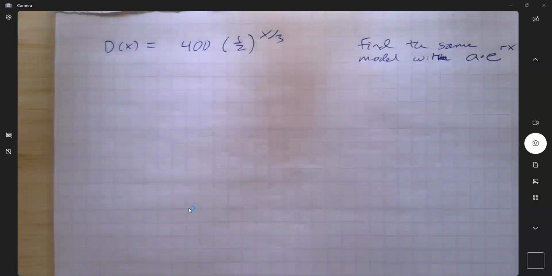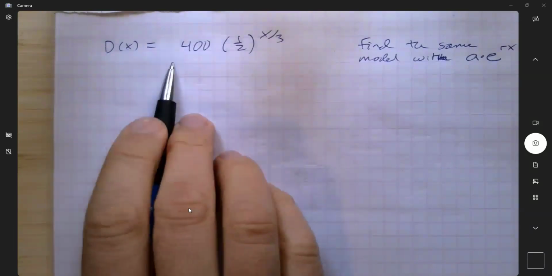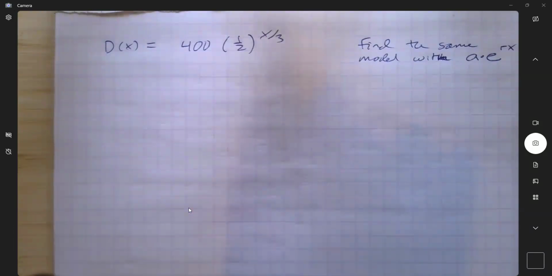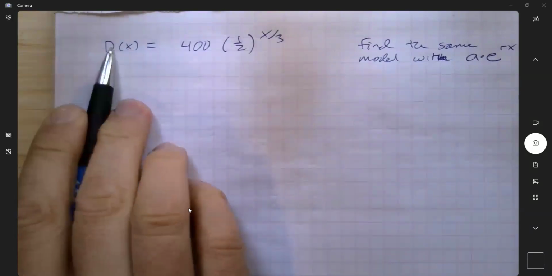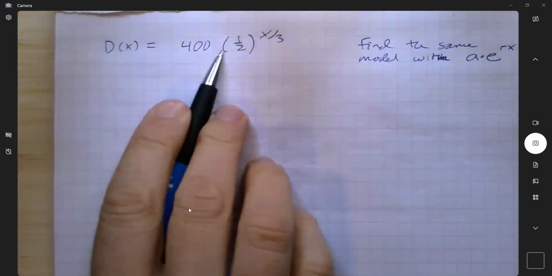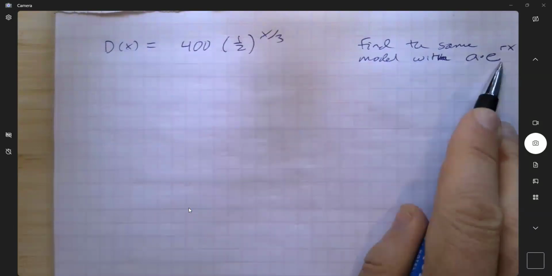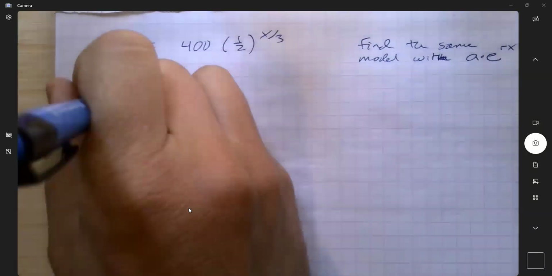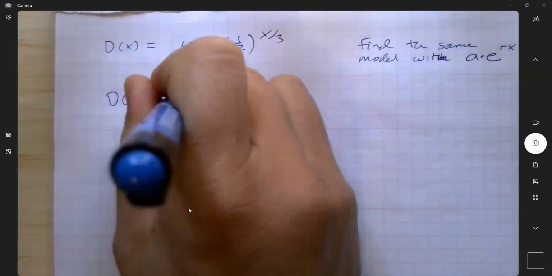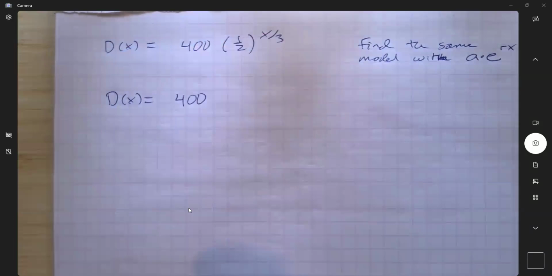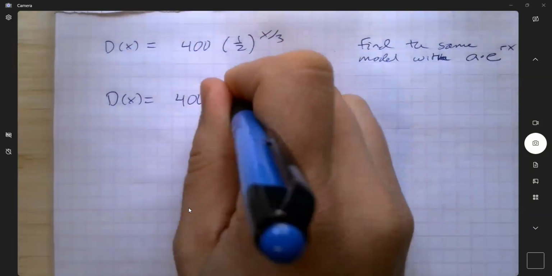There are a lot of ways to do this, but I'm going to use that method I showed you at the beginning of this video and put this in a table. So I wanted d of x, which is 400 times 1/2 to the x over 3, to rewrite it as a times e to the rx. Well, I know what the a is. The a is still going to be 400.